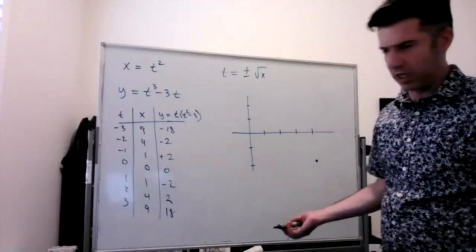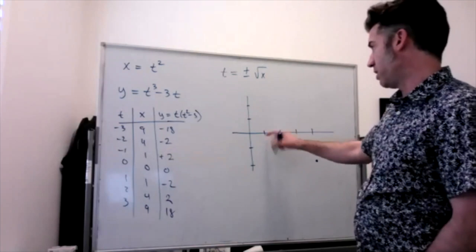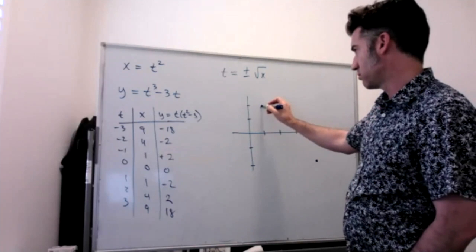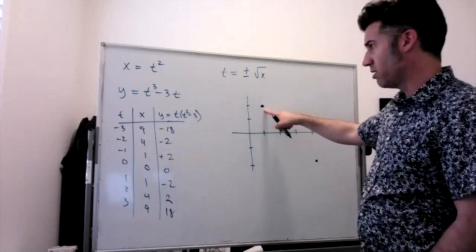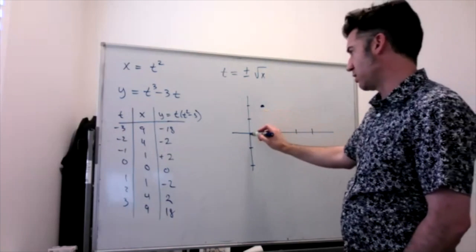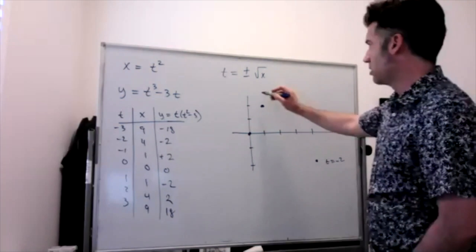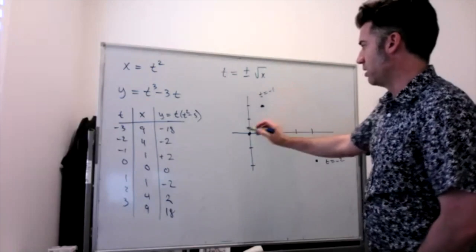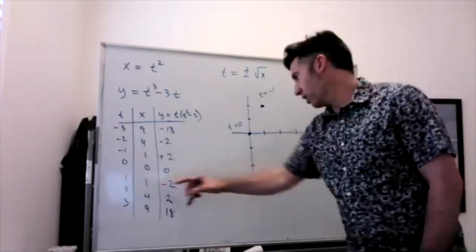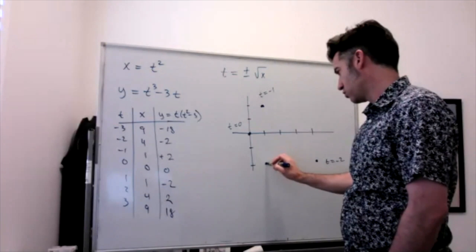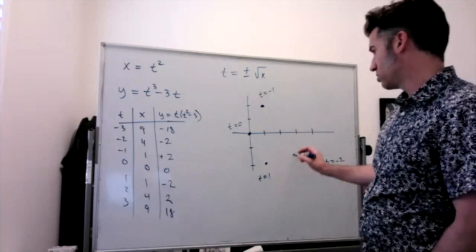Okay, that's a quick change, right? So I'm going from 4, -2 to 1, 2. Then I'm going to the point 0, 0. So here's time equals -2, time equals -1, time equals 0, and then I'm going to the point 1, -2. That's time equals 1.